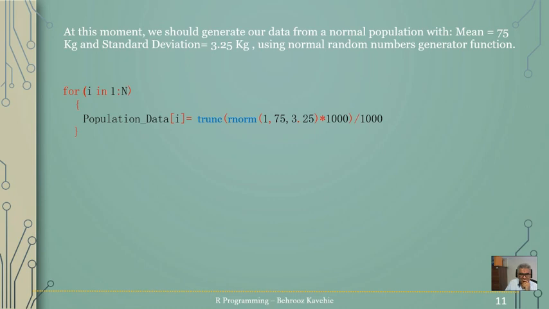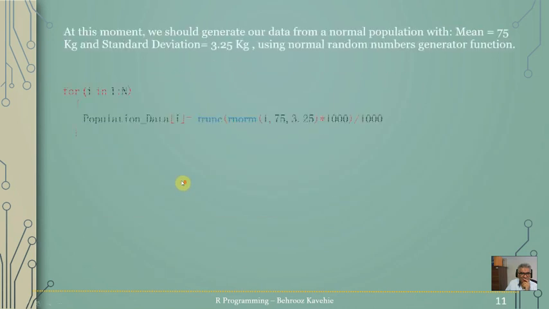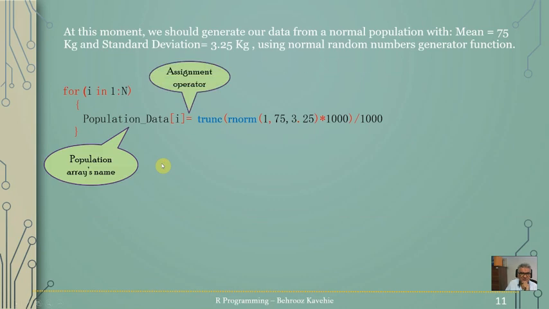In the previous slide, we defined 0 to be the value of population data. Now we have 500 element cells. This is going to be written after the previous command. For i that starts from 1 and ends at n, what I am doing here is defining a loop that repeats itself 500 times.